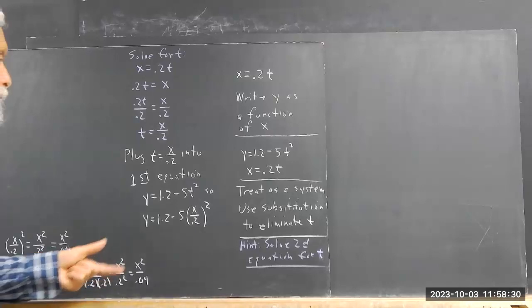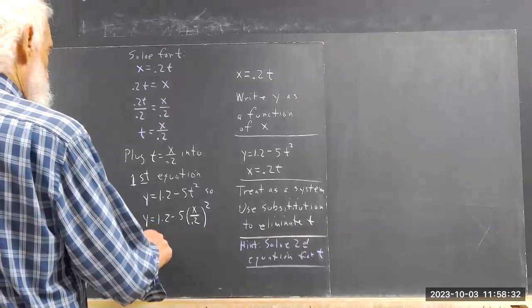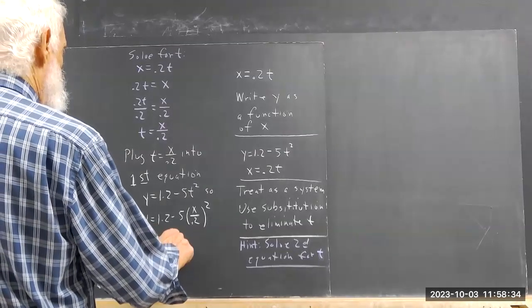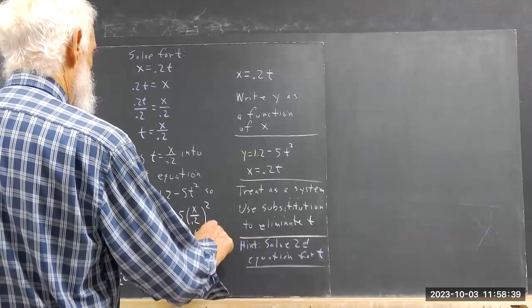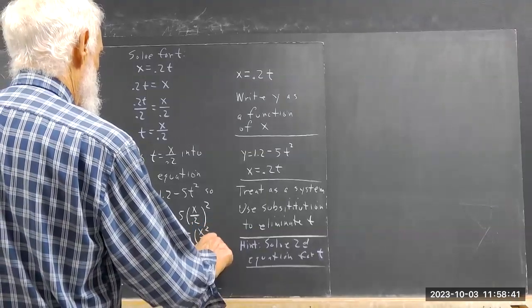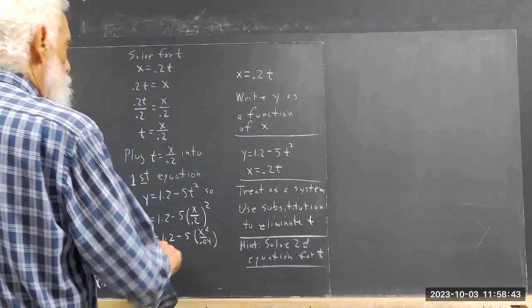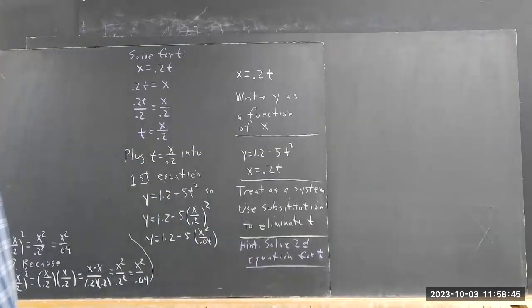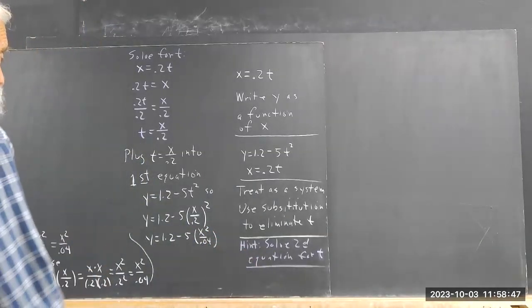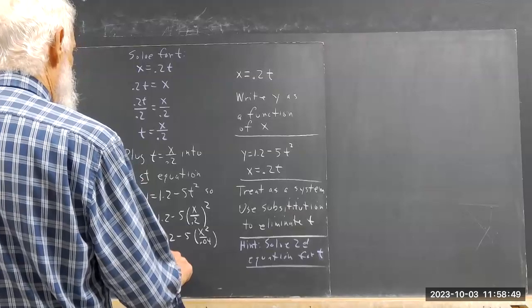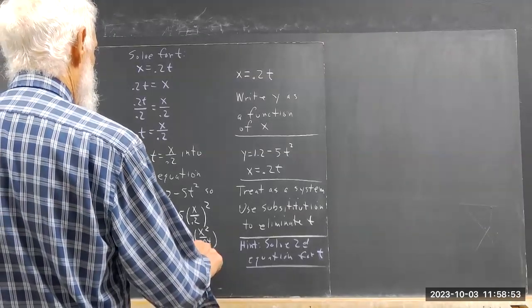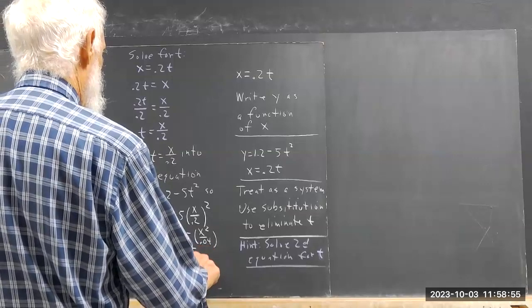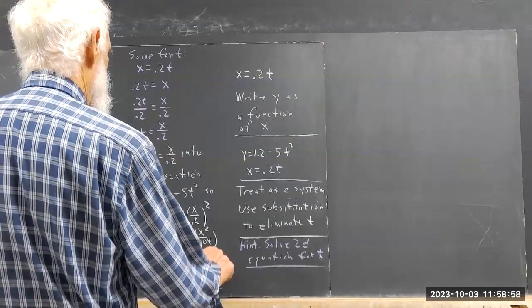All right. So now we know that y equals 1.2 minus 5 times x squared over 0.04. So that y equals 1.2 minus 5 over 0.04 x squared.